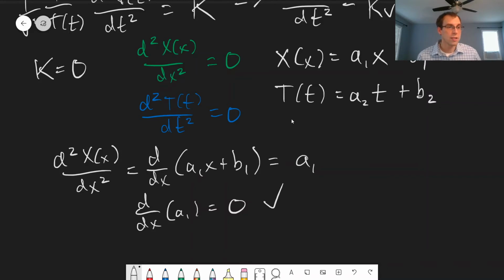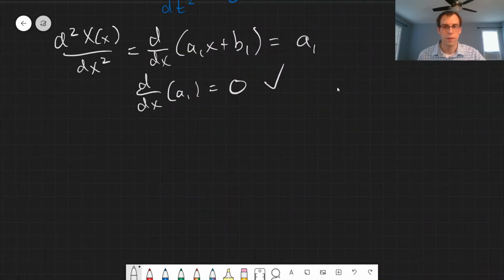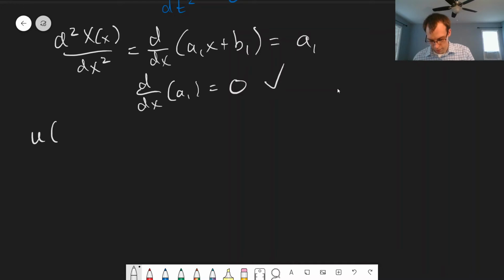So the next thing we need to do is figure out what our constants are, and we can do that by using our boundary conditions. We know our boundary conditions are that u at x equal to 0, at any value of time, is equal to 0.